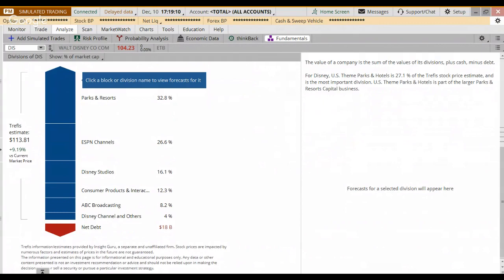So what we're looking at is what drives this stock. We have 32% is the parks and resorts. We have the ESPN channels. You have Disney Studios, the products, the ABC broadcasting. You see how much percentage goes into this actual stock.